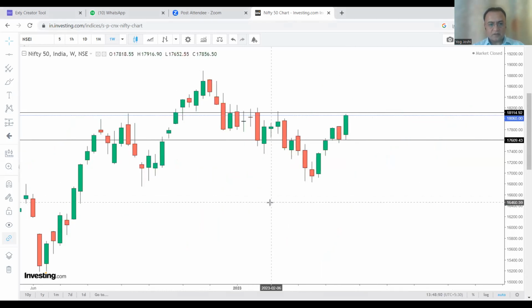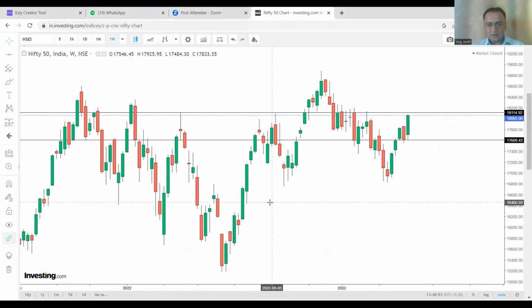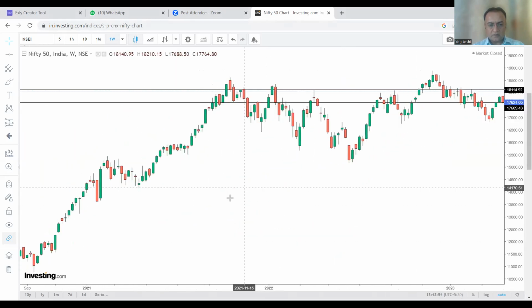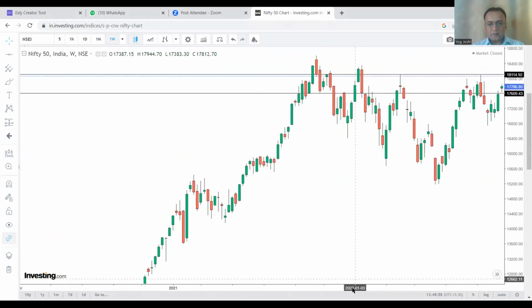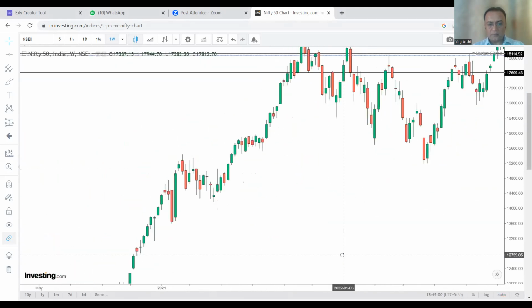This is the actual chart of Nifty. See, this is a clear-cut pin candle at the bottom, a doji candle at the bottom side. It's a tie between bullish sentiment and bearish sentiment.